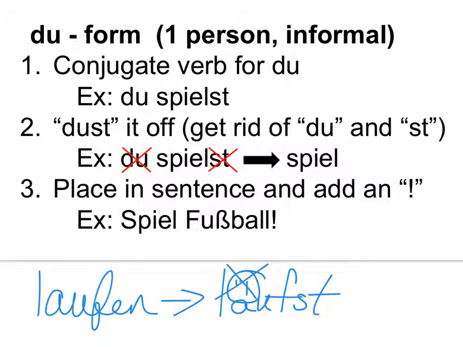But if you've added them in because it's an irregular verb, you don't put them in there. So it'll just be fahr or lauf or whatever. So the dust part, does that make sense? Yes. That is the biggest part that most people forget. Okay, dust it off.